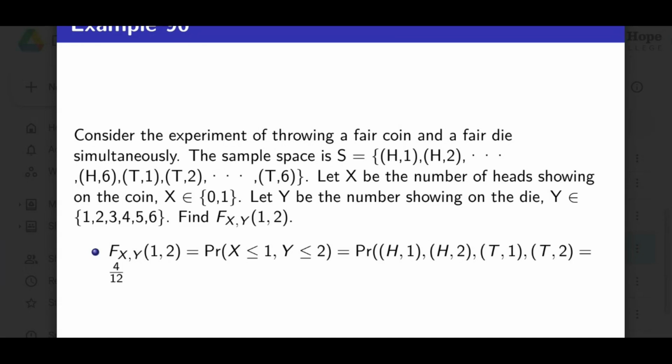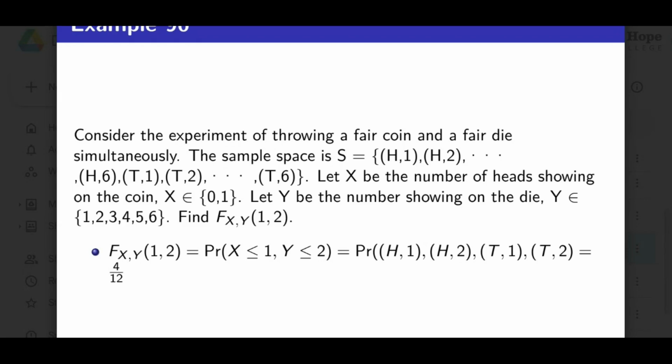So when I say this, I mean this. What's the probability that X is less than or equal to 1 and Y is less than or equal to 2? The only way to do this is to think of all the cases where this would be fulfilled. Your X is less than or equal to 1, the number of heads showing.